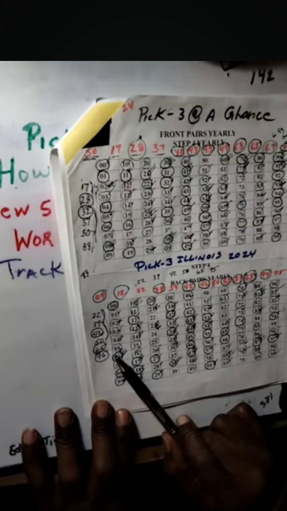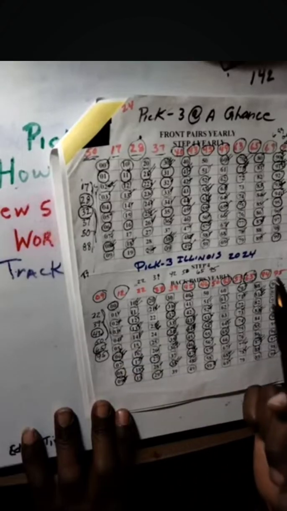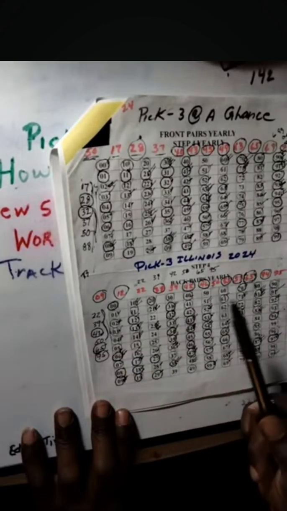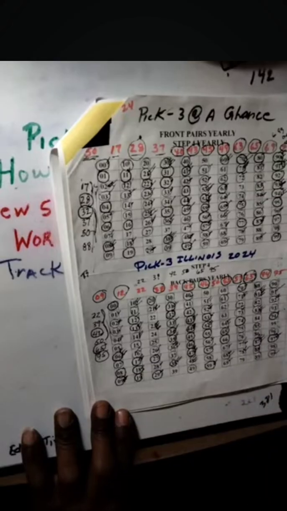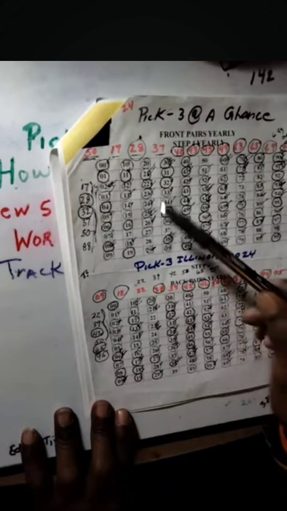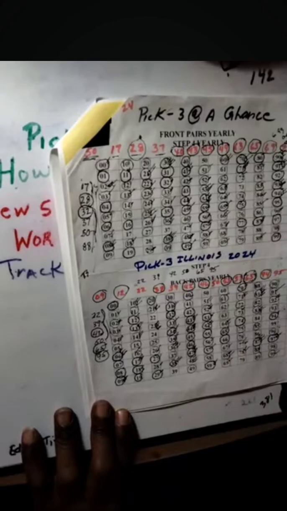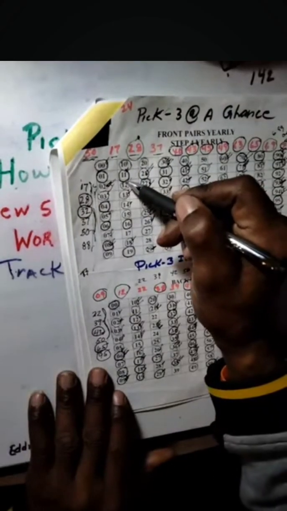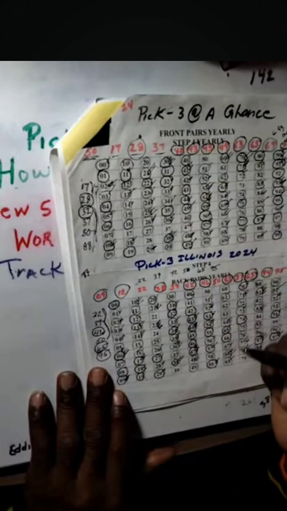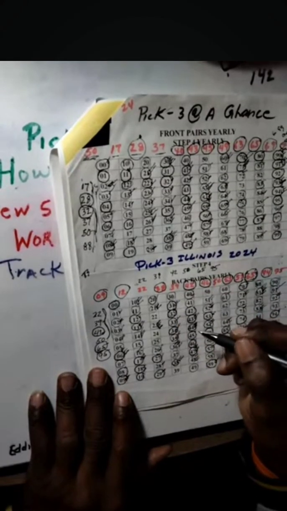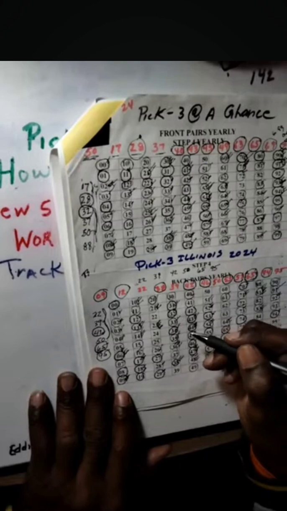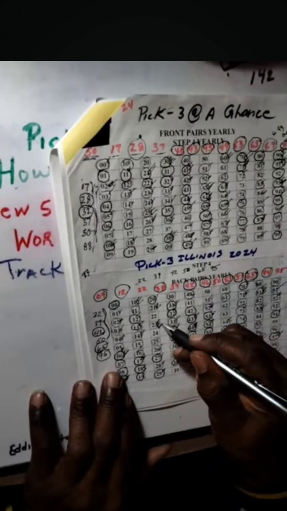Okay? Now, that's how I know about them 8s that I just mentioned to you about. So if it's 1, 2, 3, I'll circle the 12 up front, and I'll circle the 23 on the back, like here.